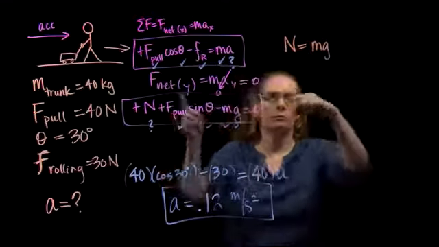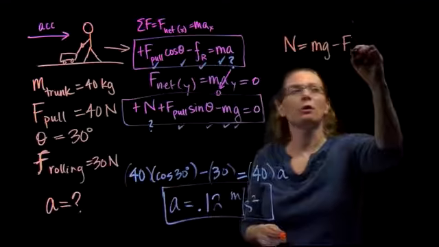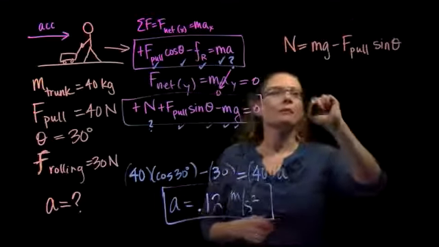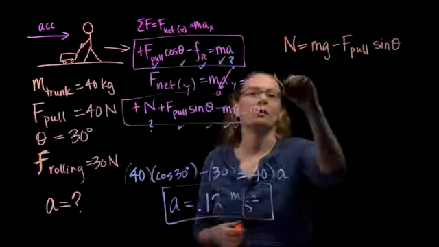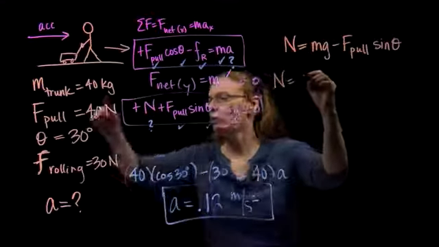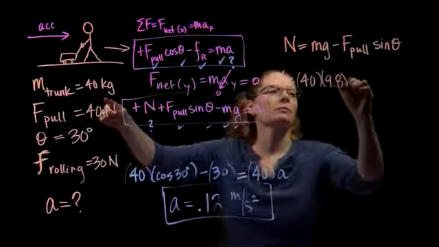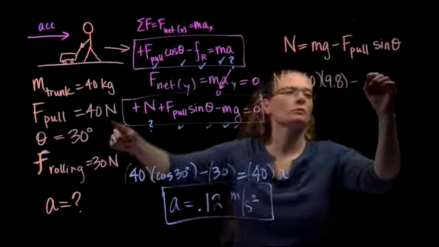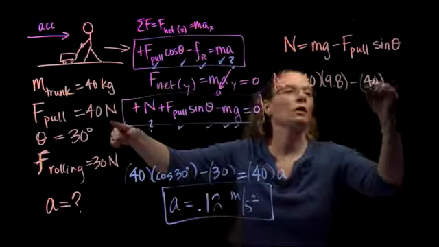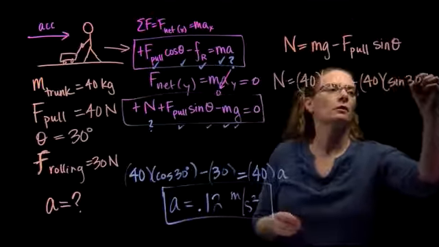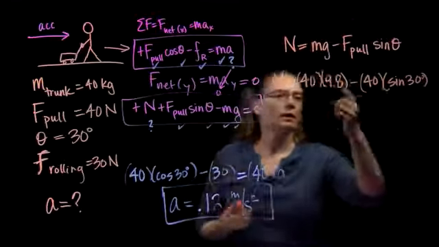This positive term subtracted off, so pulling force times the sine of theta. And I know everything. So the normal force equals the mass, 40 times 9.8 minus the pulling force, 40 again, times the sine of theta, sine of 30 degrees, and I've got it.